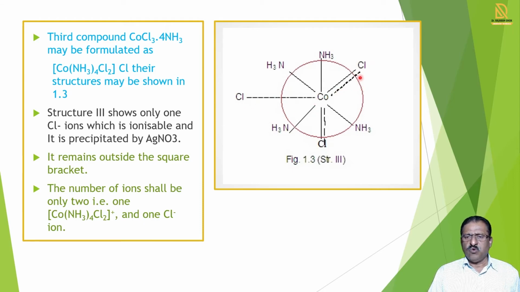So here both secondary valency and primary valency are balanced. How is it balanced? Secondary valency is balanced by 4NH3 and 2 Cl. Primary valency is balanced by Cl. Out of that, 1 Cl is outside the square bracket and 2 Cl are in the first coordination sphere. So these 2 Cl satisfy both primary and secondary valencies.